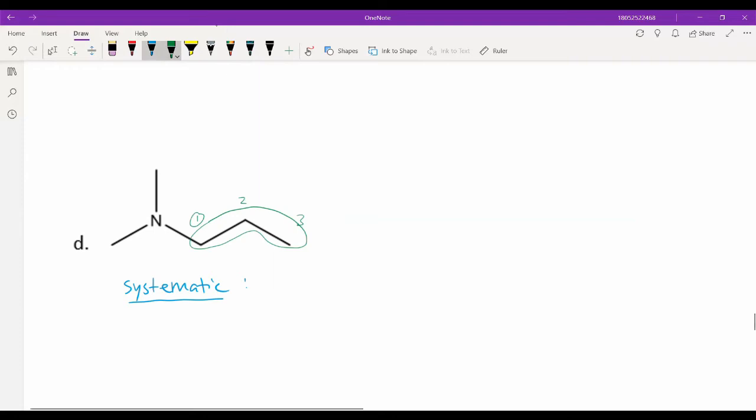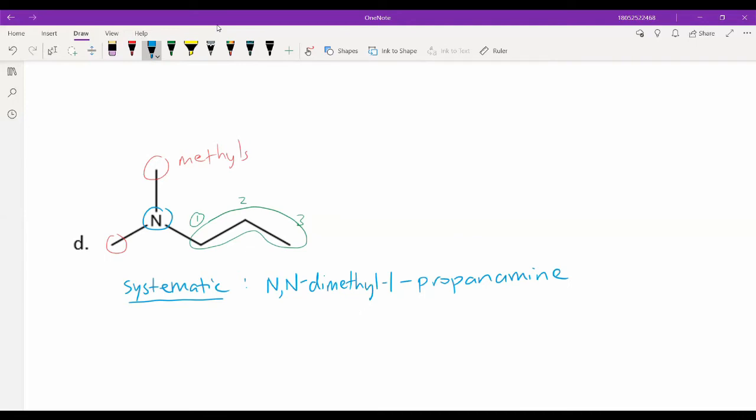So if we just say 1-propanamine, again putting the amine ending here, that's just basically naming this, and then we have these 2 methyls that are not named, so we're going to name those, and because they're not off of the 3 carbon chain, they don't get numbers. Remember that we use N, so we do N,N-dimethyl-1-propanamine.